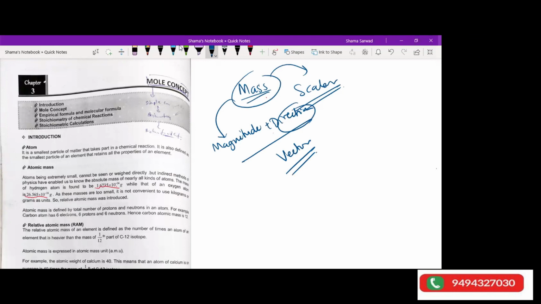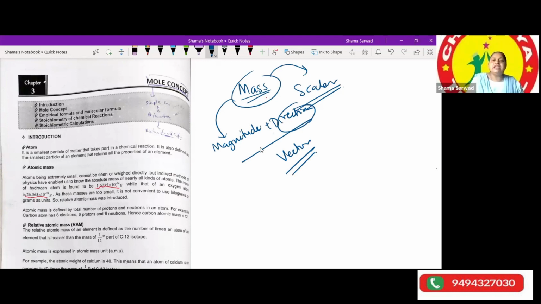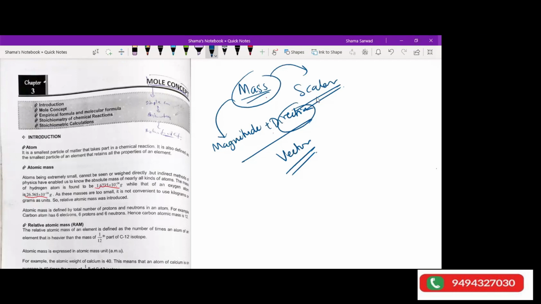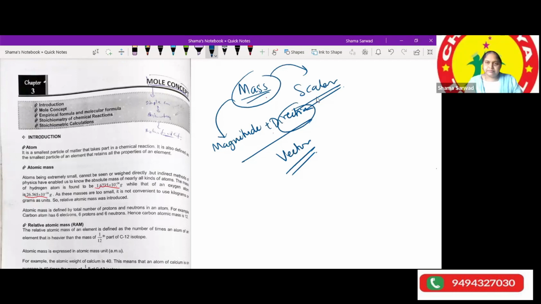Yes, ma'am. Now, here see, atomic mass is also a scalar quantity. But atoms are very, very small, which we have learned in grade 9 and grade 10, and we are not able to see them with our eyes, correct? Even it is very difficult to see them with the electron microscope, right? For that reason, these atoms' mass cannot be measured in gram or kilogram.